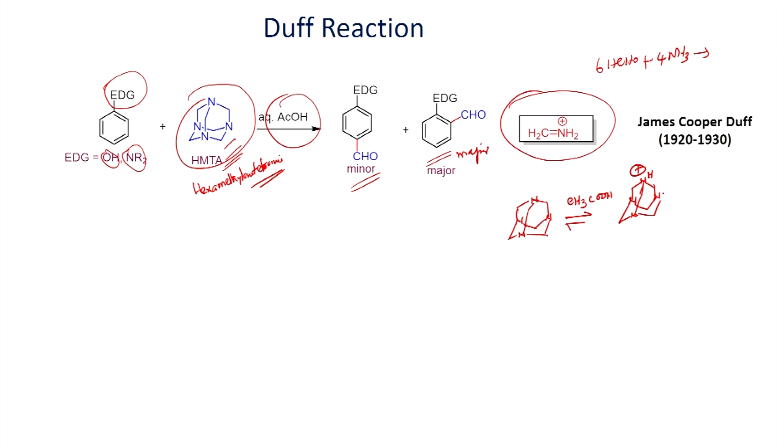Once you form this one, this lone pair can push and open up this carbon-nitrogen bond to give an imine as intermediate.